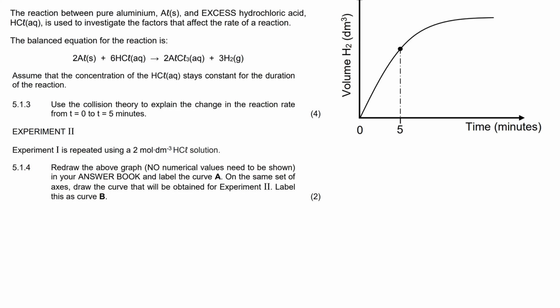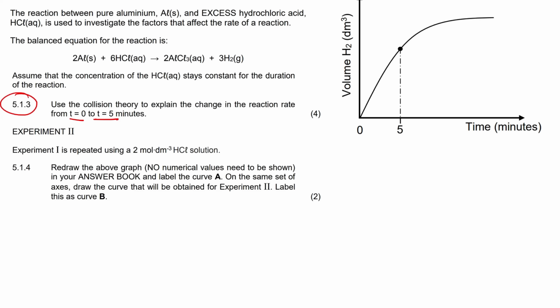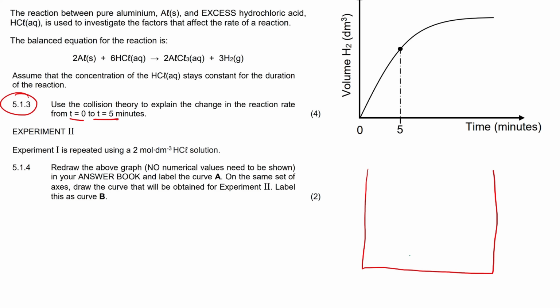Okay, so moving on to 5.1.3, it says, use the collision theory to explain the change in the reaction rate from t equals 0 to t equals 5. Okay, so remember in the beginning, they gave us a 0.5 gram aluminium strip. So what we have in this experiment is, we can imagine we have some type of container with an aluminium strip.